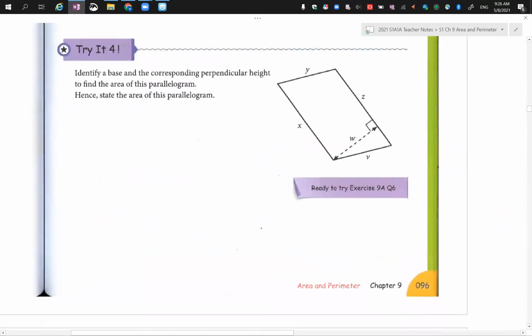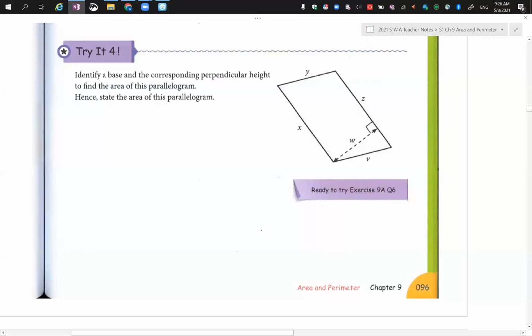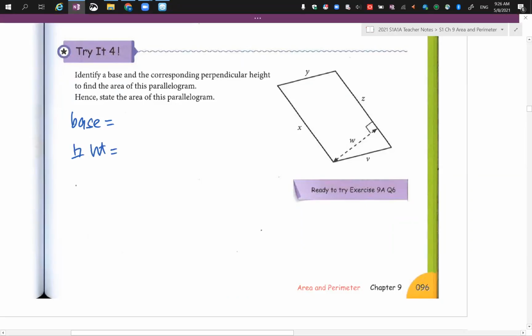Okay, so now I think we are ready to go back to Try It 4. We need to find the base and the perpendicular height. So write down base equals something, perpendicular height equals something, area. What is the area going to be?